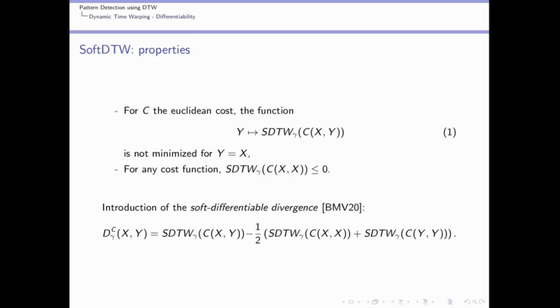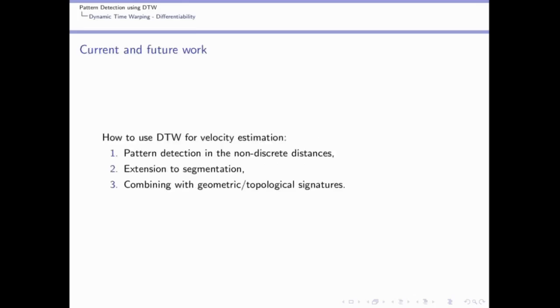So what does it mean for me? To recall the aim, I would like to have an estimator of the velocity. My current idea is to use dynamic time warping and the advances made since its introduction to that aim. One idea is to leverage the work on pattern detection, but for real-valued sequences of data, and this is what I'm currently doing.